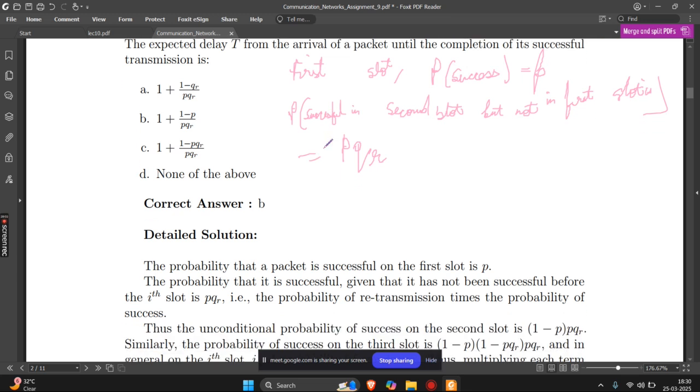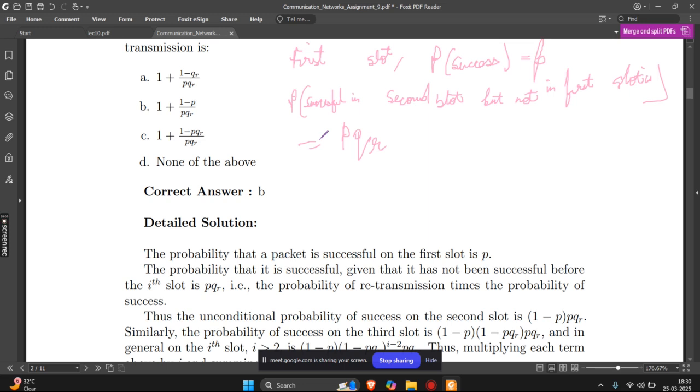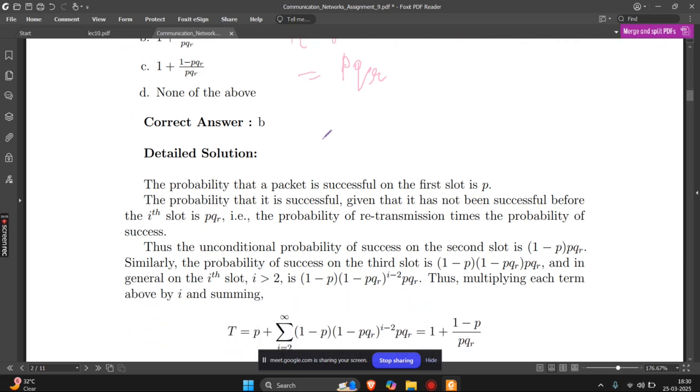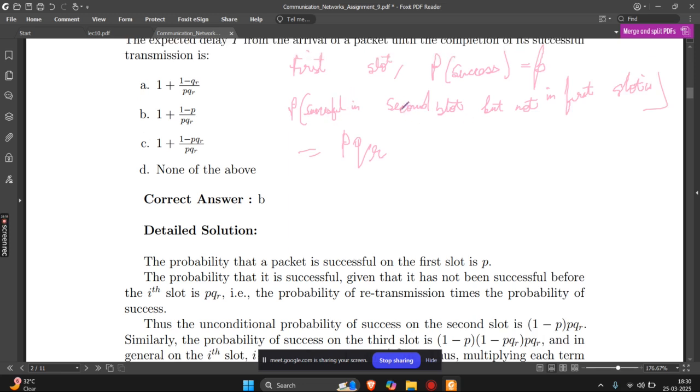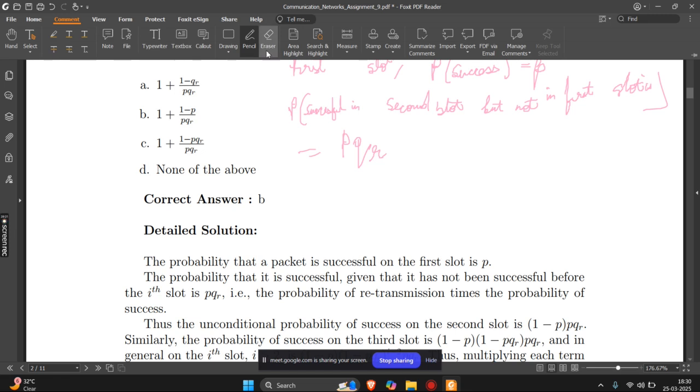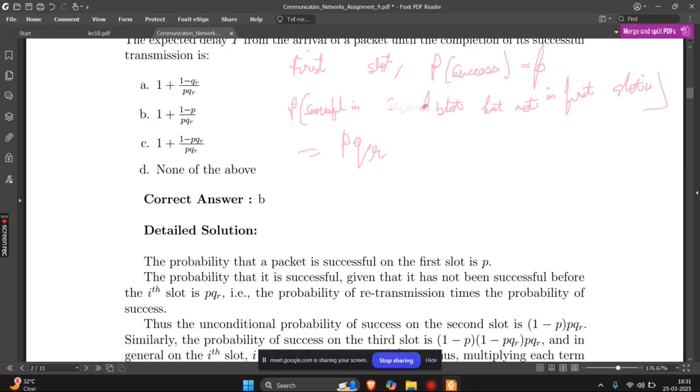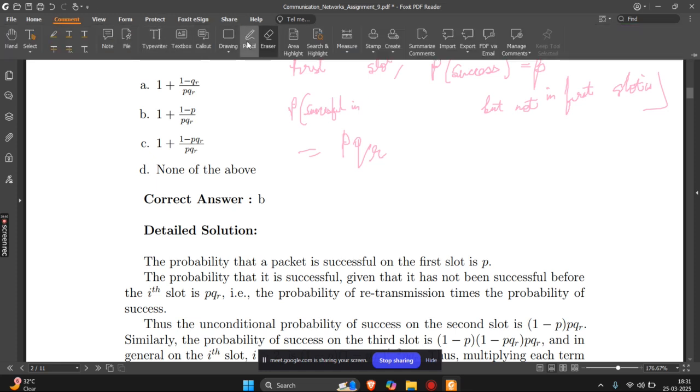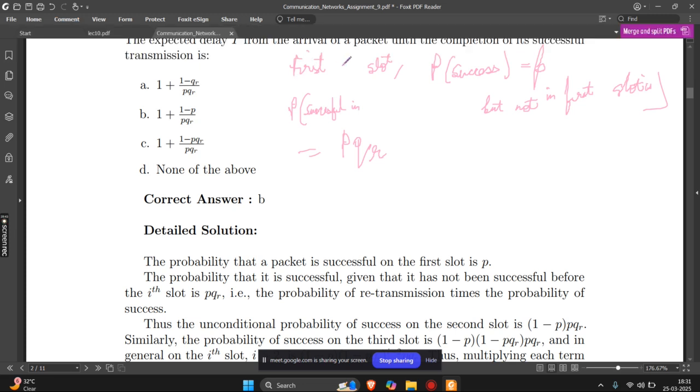Next, thus, no, this is not successful in the second slot. This is basically successful in the first slot.